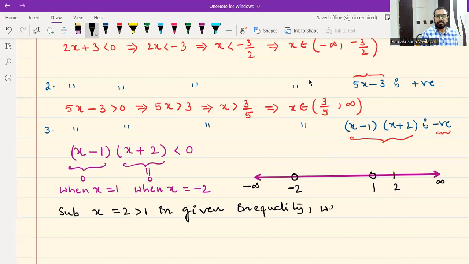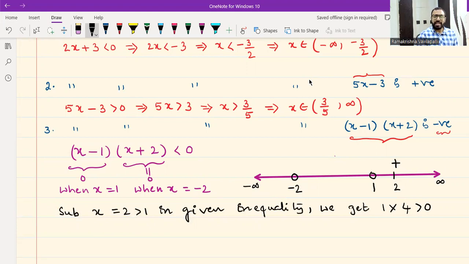So substituting x equal to 2, 2 minus 1 is 1, into 2 plus 2 is 4. We want only the sign, whether positive or negative. See, this is clearly greater than 0. So if you substitute any number more than 1, this product is positive. So you keep a positive sign above the real line.